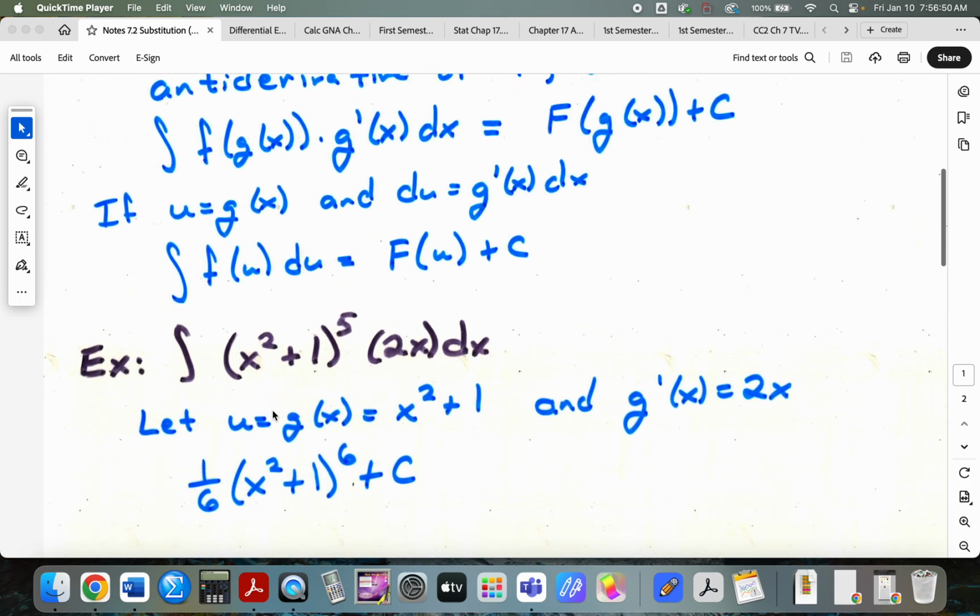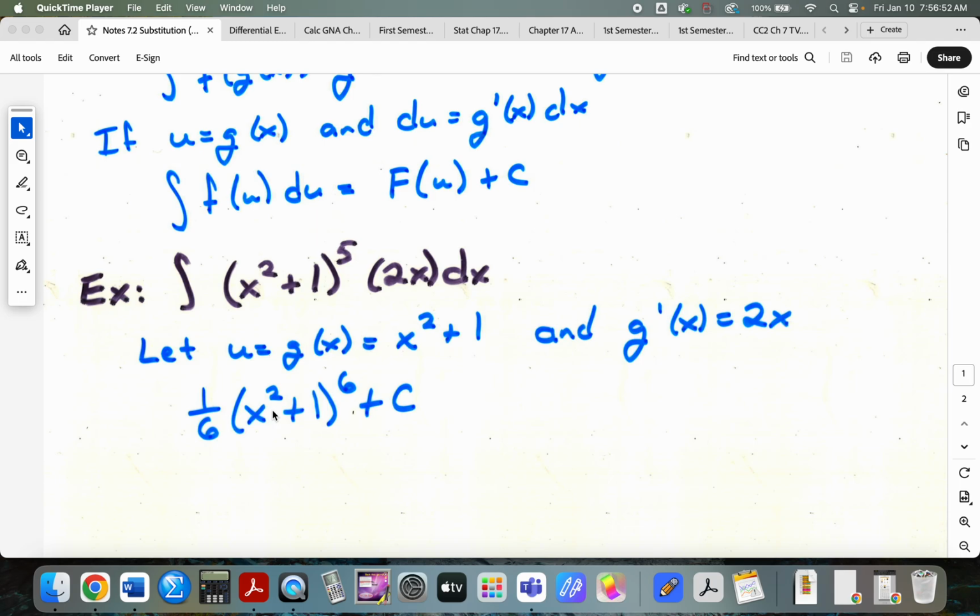So if we were to look at this problem, the integral of x squared plus 1 to the 5th times 2x dx, if we let our inside part be x squared plus 1, notice we have exactly the derivative out here. It's 2x.